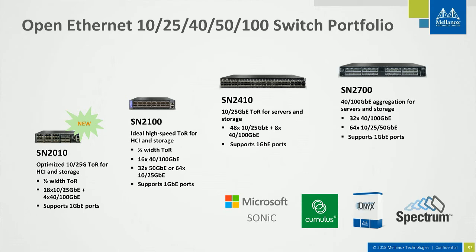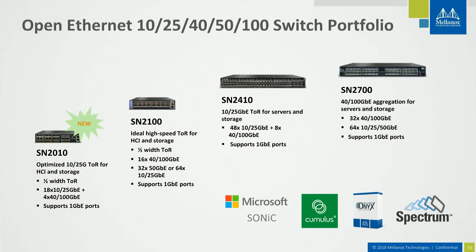If you need more than 18 10 gig ports, or let's say you need 40 or 100 gig downlinks with the same half width form factor, you can go with our SN2100 switch, which has 16 ports supporting from 10 gig up to 100 gig. If you need more ports, you can use a breakout cable to break each of these physical ports into 4, either 10 or 25 gig downlinks.